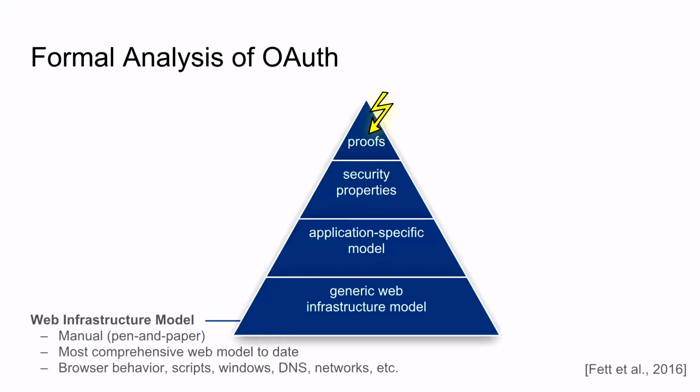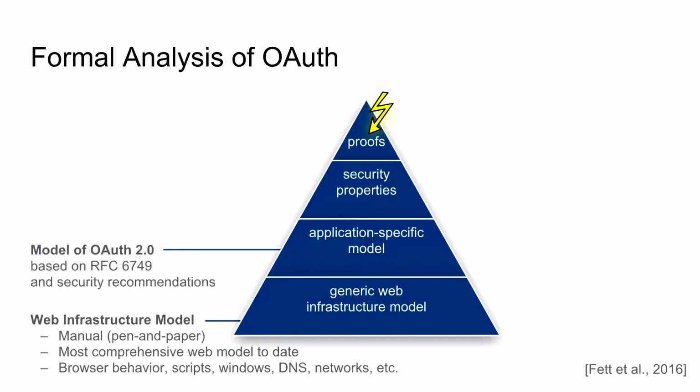And using that model, I created a model of OAuth 2.0. So I just took RFC 6749 and all the other security recommendations out there to build a model of OAuth with all the security features that were known to date in place, because I was not interested in finding any attacks that we already know about.